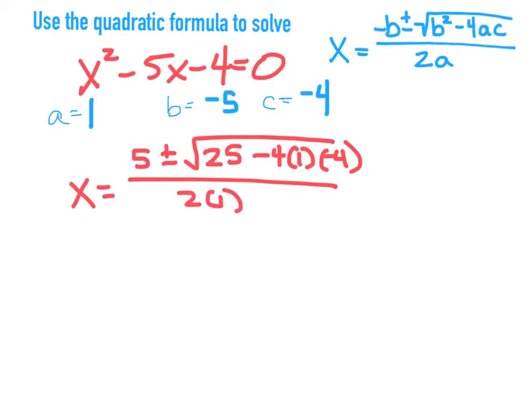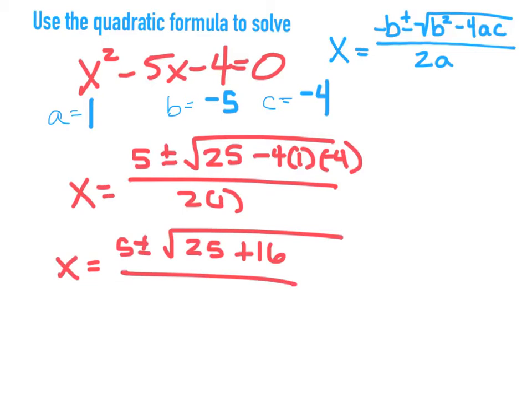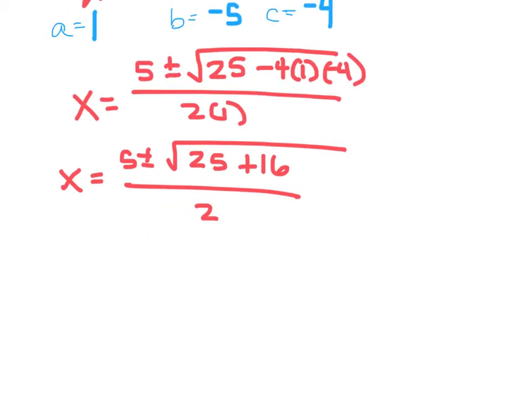Alright, so that's x equals 5 plus or minus the square root of 25. Now, notice that we have a negative 4 times a negative 4, so this is plus 16 all over 2. As we keep simplifying here, x equals 5 plus or minus the square root of 41 all over 2.